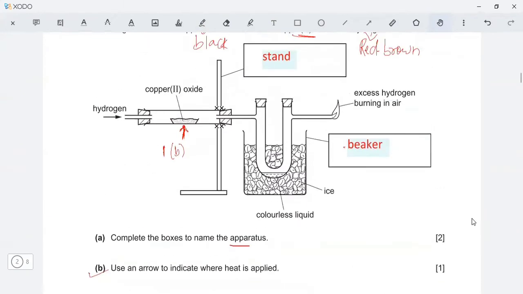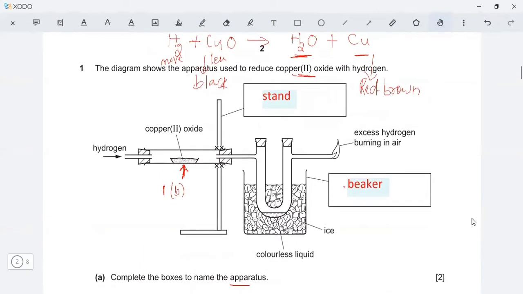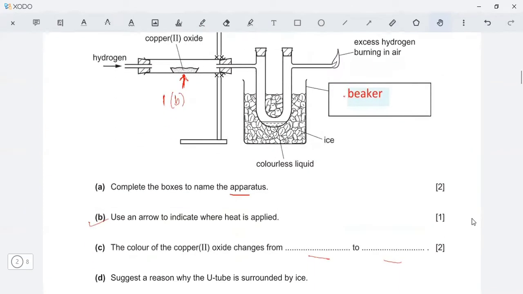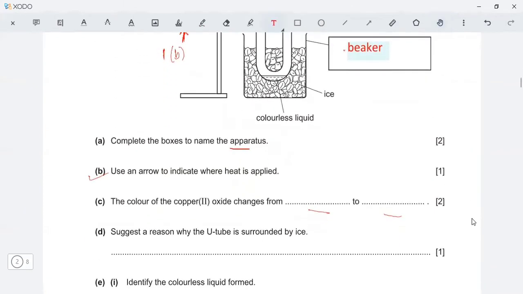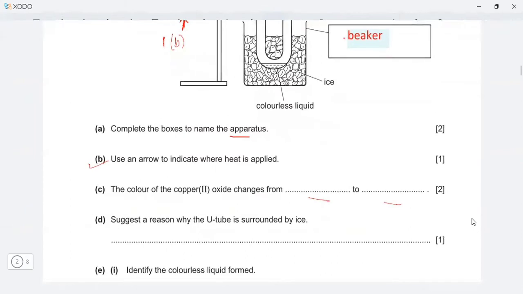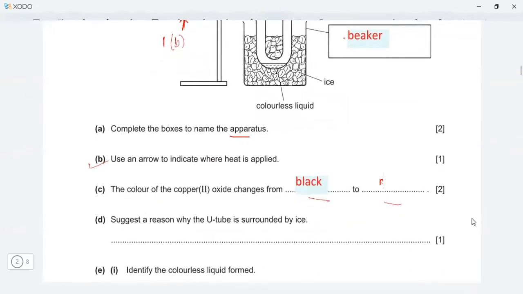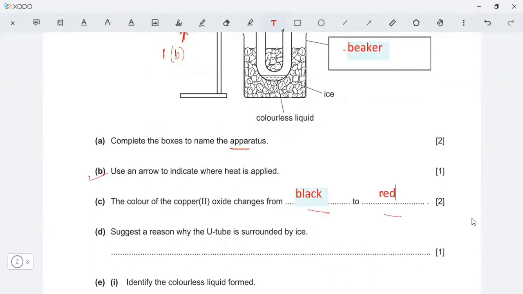So just now I have told you the copper oxide is black, and copper is actually red brown. So right here, it's going to be black, and then the copper will be red brown. Is it clear?